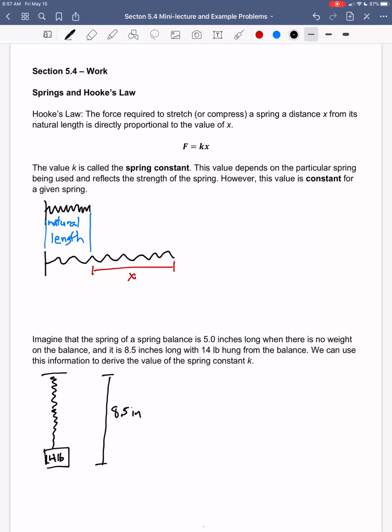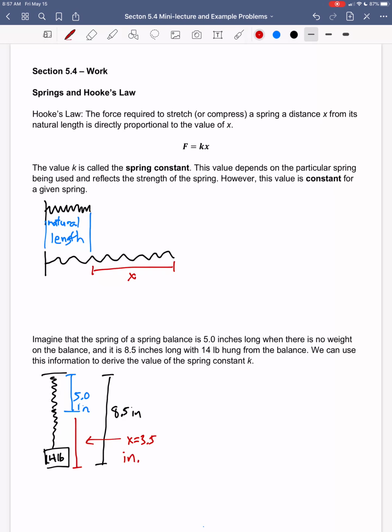That's how long the spring is if that weight is on it. Of course, the natural length of this spring would be 5.0 inches. And so the distance x is the amount that it's been stretched. I obviously didn't draw this to scale very well.